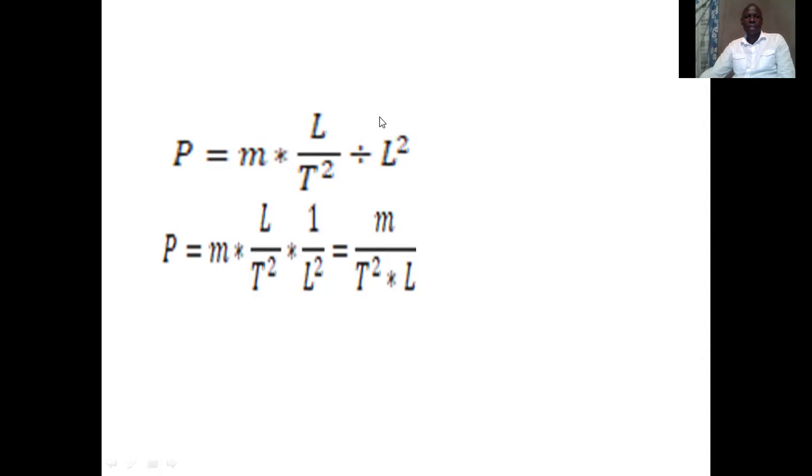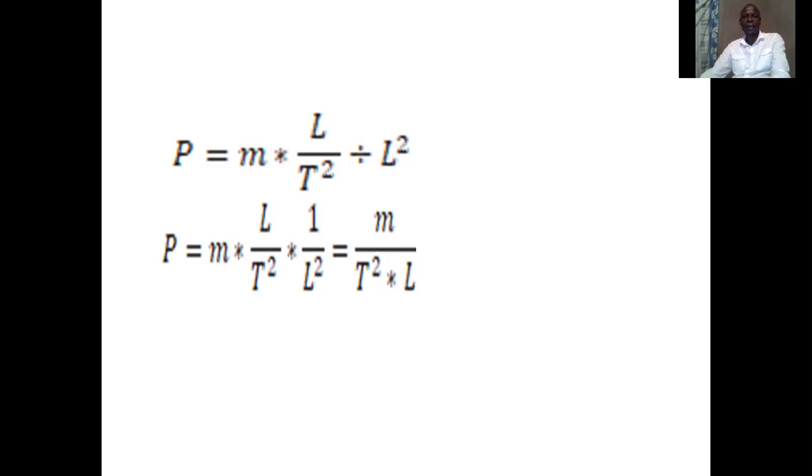And therefore, after cancelling L here and another L here, you find that the dimensions of pressure are mass, M, divided by T squared multiplied by length.